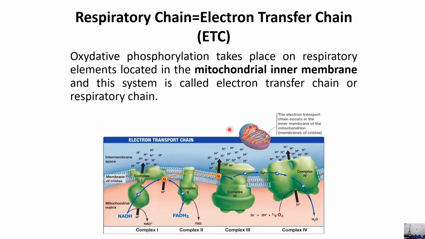Now, if we talk about the respiratory chain or the electron transfer chain, oxidative phosphorylation takes place on respiratory elements located in the mitochondrial inner membrane, and this system is called the electron transfer chain or respiratory chain. So this electron transfer occurs in the inner membrane of the mitochondria.